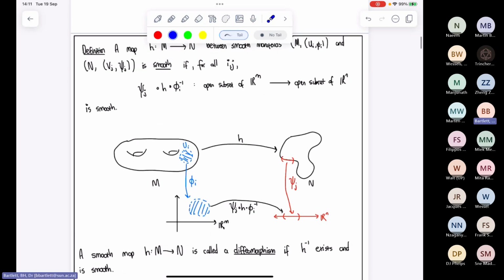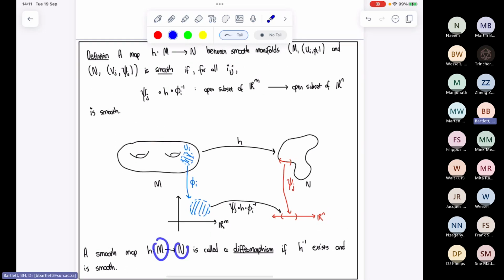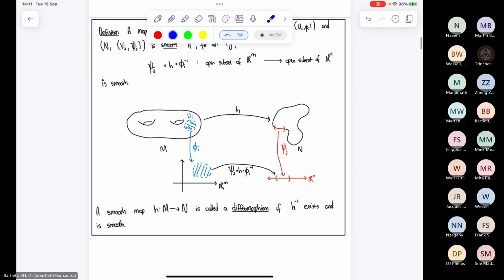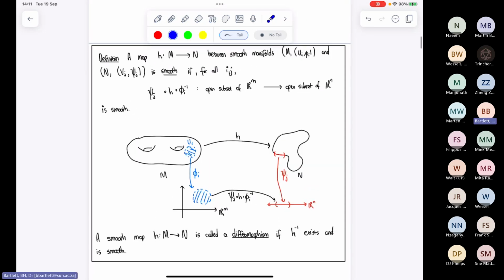And a smooth map from a manifold M to a manifold N is called a diffeomorphism if there's an inverse smooth map N to M. We know what smooth manifolds are, we know what smooth maps between them are, and we also know diffeomorphism.